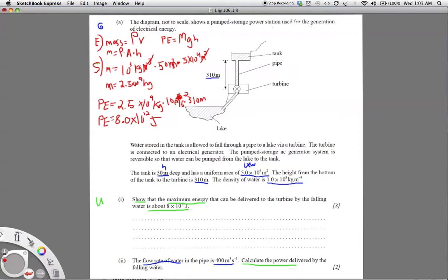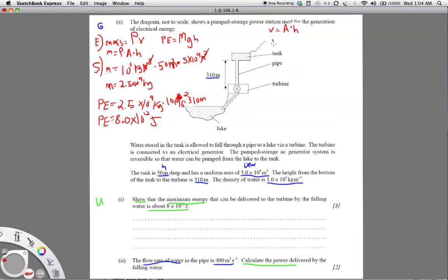The second part of this question: the flow rate of the water in the pipe is 400 meters cubed per second. Calculate the power delivered by the falling water. So what I need to do here is calculate the volume of water that's falling through, the total volume of water in the tank. V equals the area of the surface times the height.